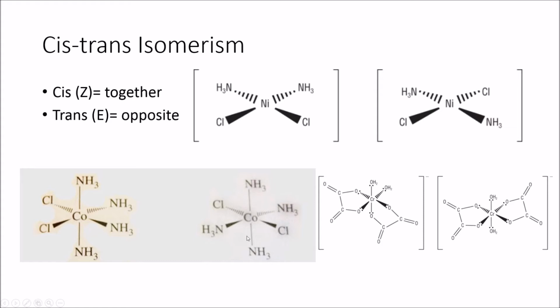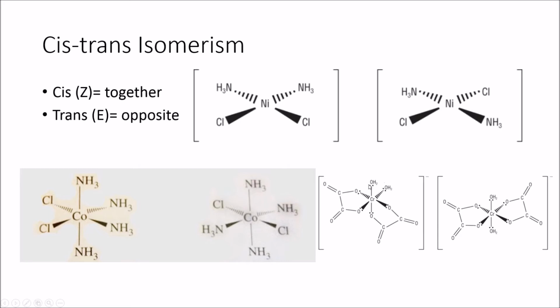They're basically just not opposite, whereas here we can see we've got a Cl here and a Cl here, so they must be opposite. Again, the NH3s are opposite. Now this is a bidentate ligand, with the chromium being the central metal ion. The same thing applies.